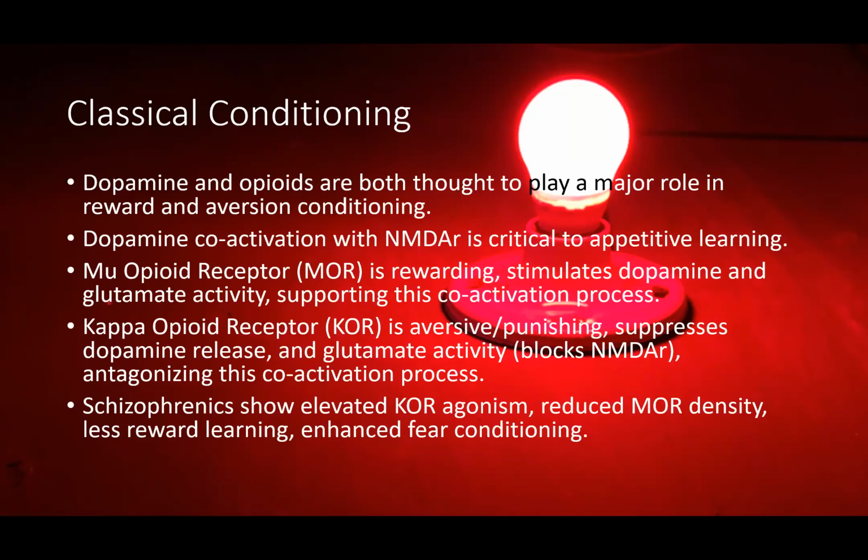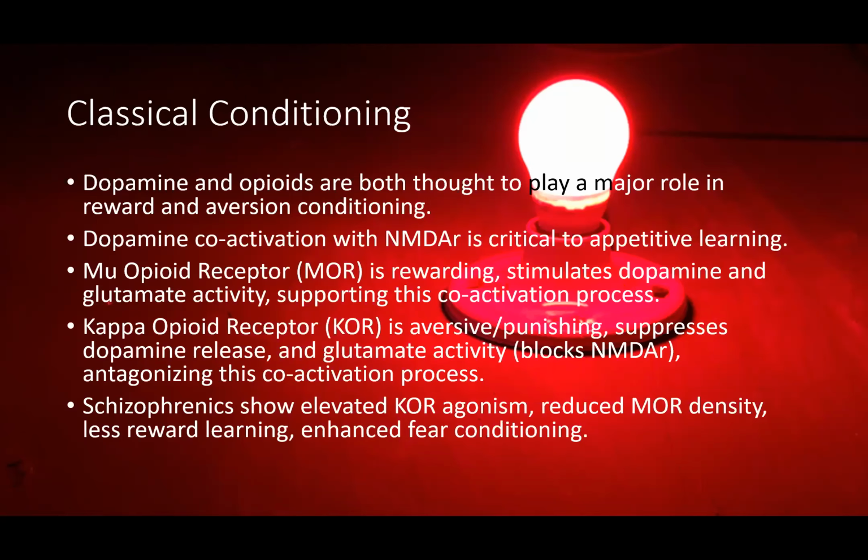And there's other research showing that if you block these receptors, you get stress resilience. The study showing involvement of the kappa opioid receptor in aversion also involved a second neurotransmitter called CRF, but we won't really go into that too much.